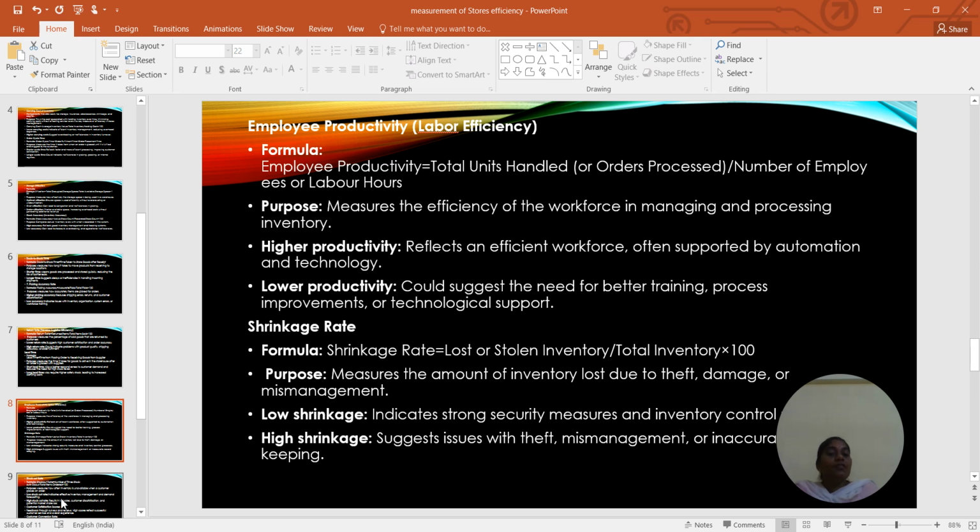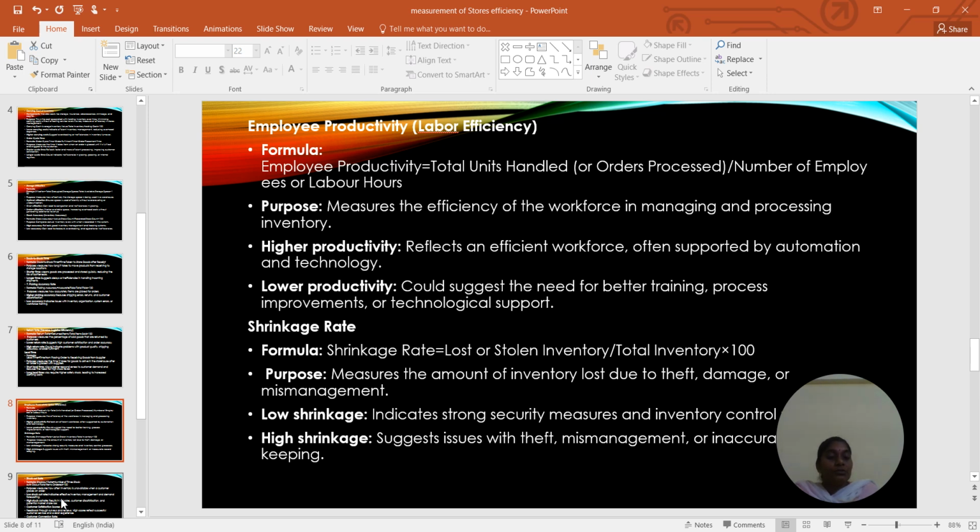And shrinkage. The shrinkage rate measures the amount of inventory lost due to theft, damage, or mismanagement. Some stores are not organized properly, or do not have safety measures like surveillance.